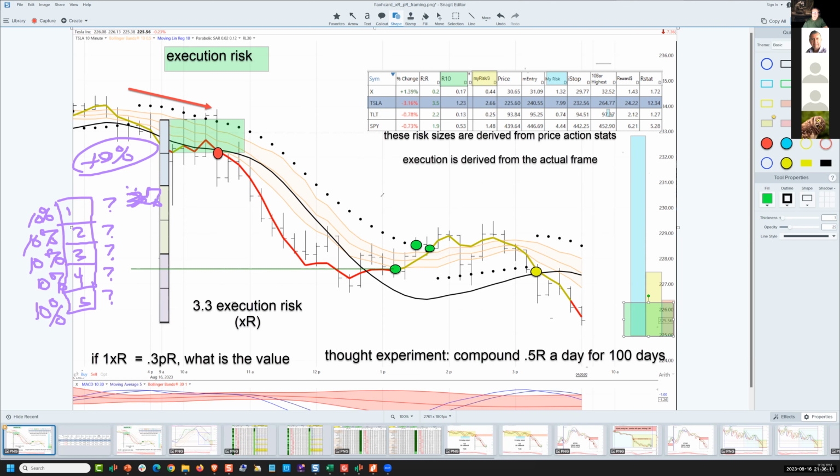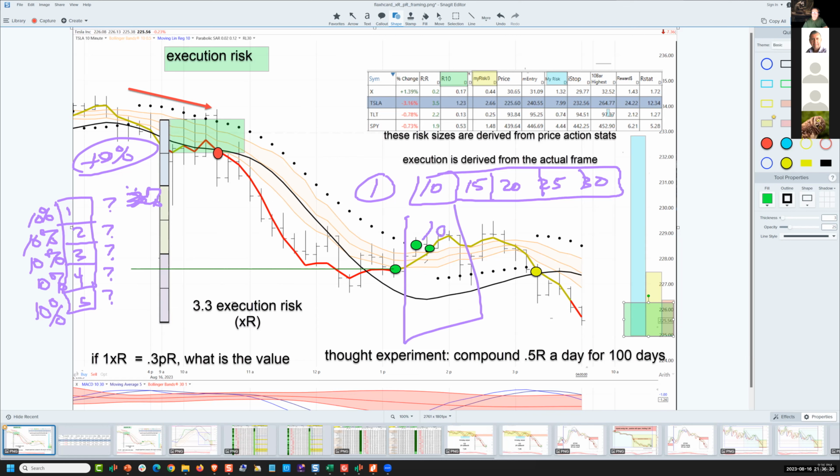30%. So I could decide for each system, like system 1, he could always have 10, and he might go to 15, 20, 25, and 30, but never more than that. Because if all the systems have 10, I've got to figure out for systems 2, 3, 4, and 5, how much more to put on each one.